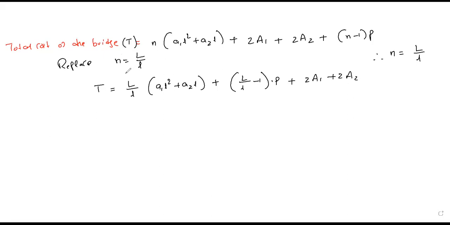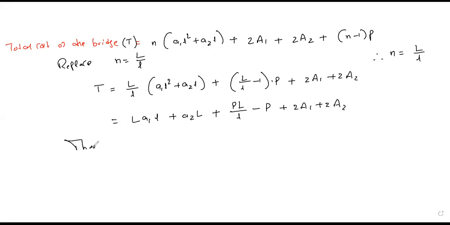Yes, clear? I am just replacing the number of spans with L by small l. Now the small l cancels. Plus A2L plus PL by small l minus P plus 2A1 plus 2A2. Correct? Okay, this is the final.